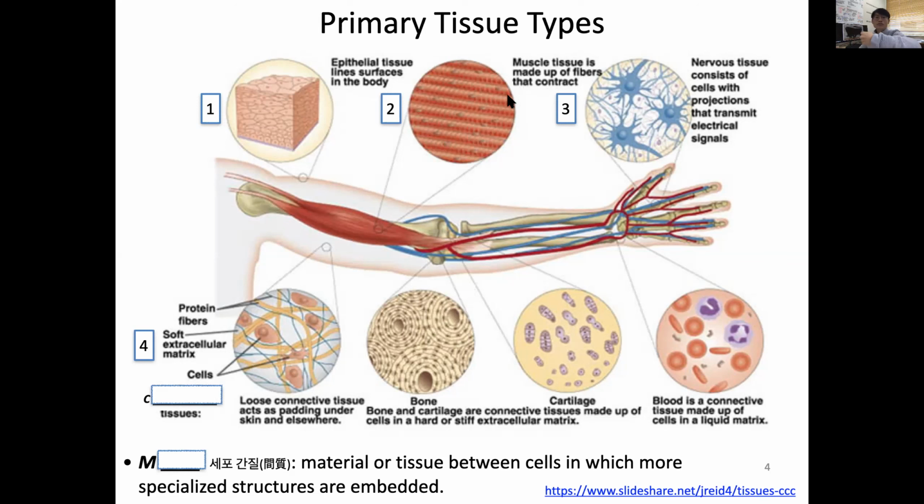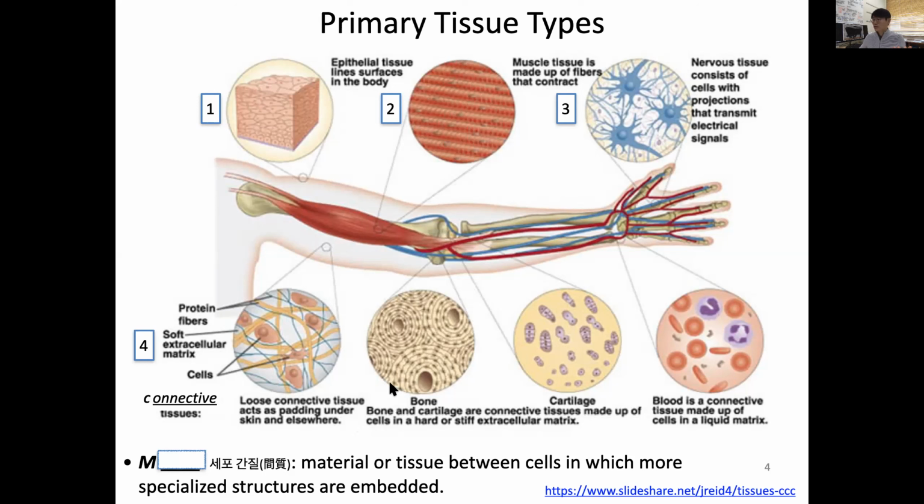To move this, we need to send a signal, which is electrical. So there are specialized cells with projections that transmit these electrical signals, which we call nervous tissue. And the rest of them are put together and collectively called connective tissue. For example, inside the body, under the skin, there's a loose connective tissue acting as padding under the skin and elsewhere.